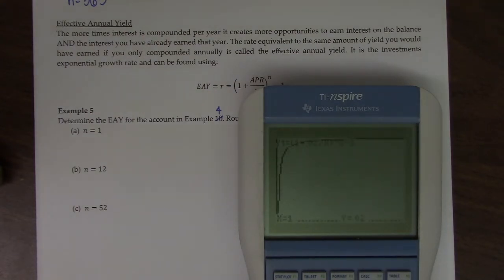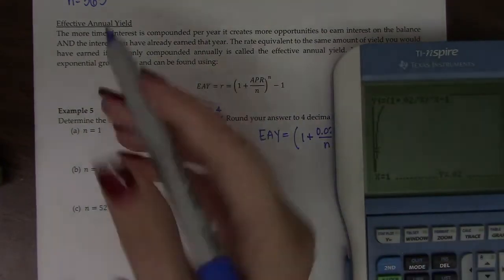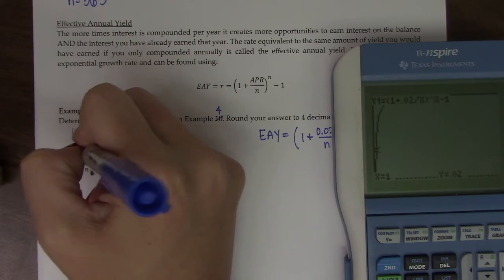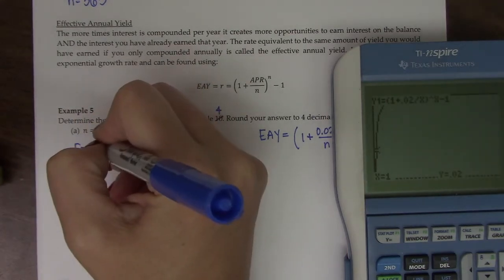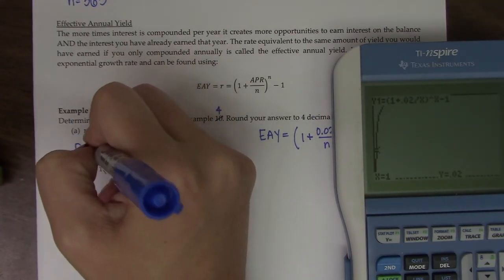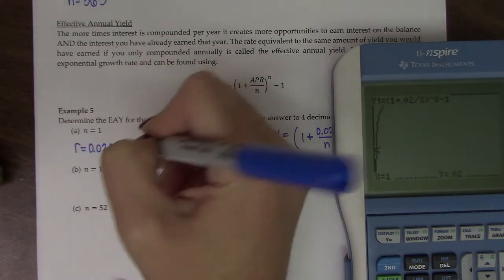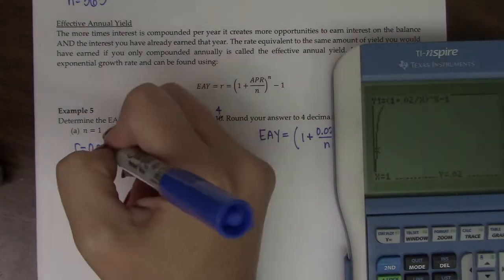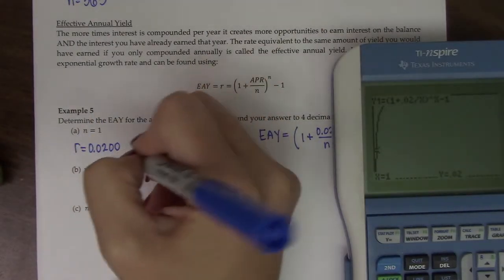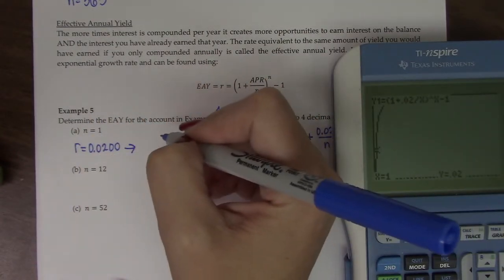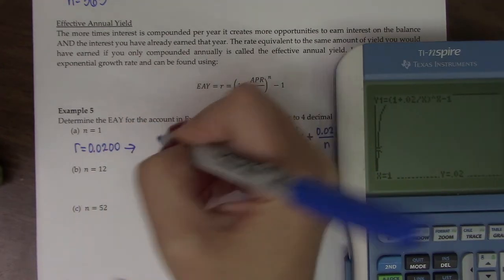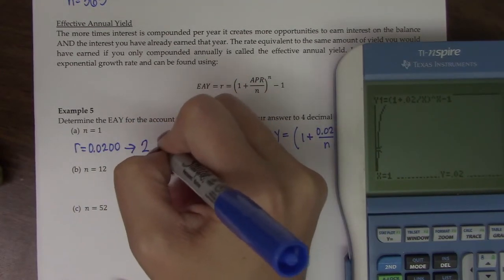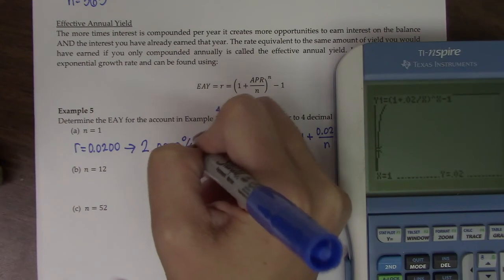So when n is 1, I just get back 0.02. If they want you to round to 4 decimal places, R is 0.02. But if they want it in percentage form, this is the rate as a decimal, so if we are asked to convert it to a percentage, we multiply by 100, so that would be 2.000%.